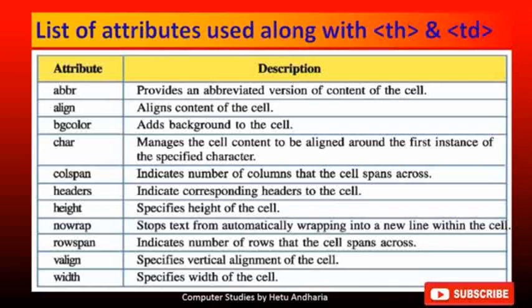Then rowspan indicates the number of rows that the cell spans across. That is, here you can merge different rows. Then V-align specifies the vertical alignment of the cell. Width specifies the width of the cell.